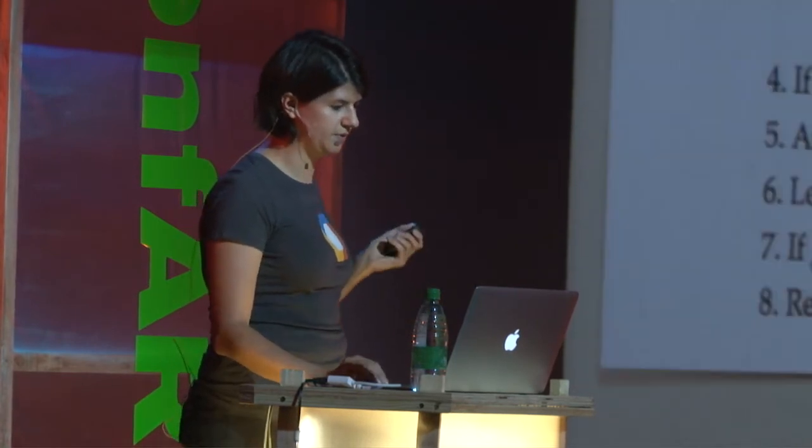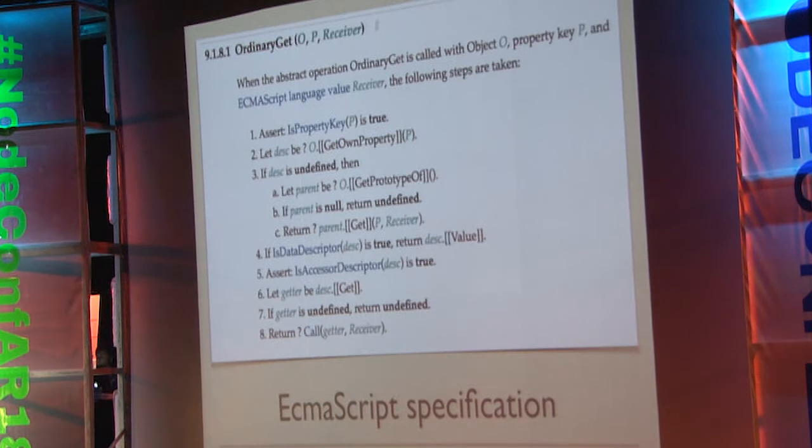And in fact, if you look at the ECMAScript specification for property lookup, it's this really long list of 8 steps. Well, 8 steps is not really long, but every single one of those entries has 1 or 2 other lists that are just as long. So just doing object.x is this maze through the JavaScript specification of figuring out what to do.